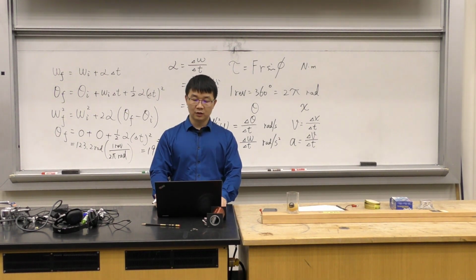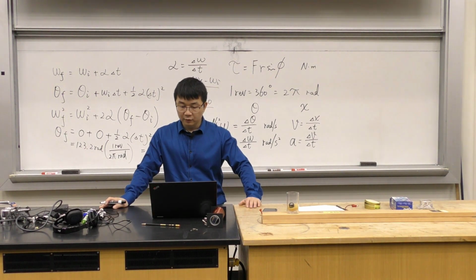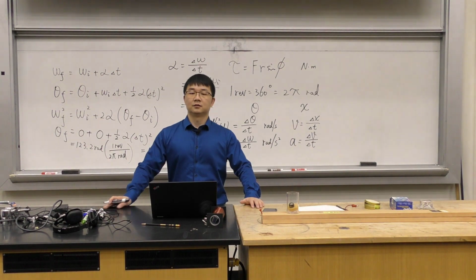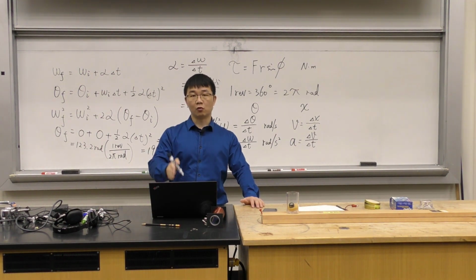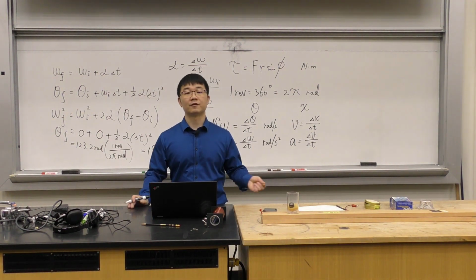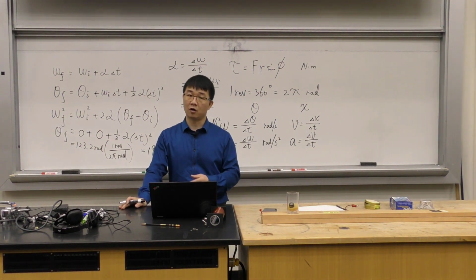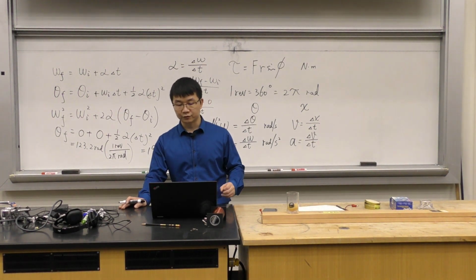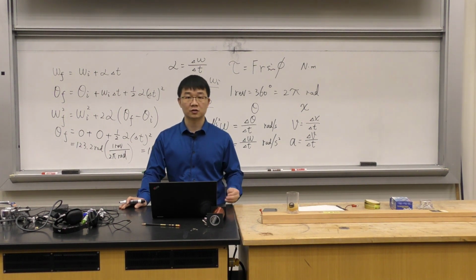A lot of people, when they see a problem, they're like, where's the arm? What does the arm mean? The arm is just a line you draw from the axis or pivot to where the force is applied. Then that's it. Use the definition. You can always find the arm. You don't need to define arm in your own way. You don't need to figure out arm based on your own judgment.